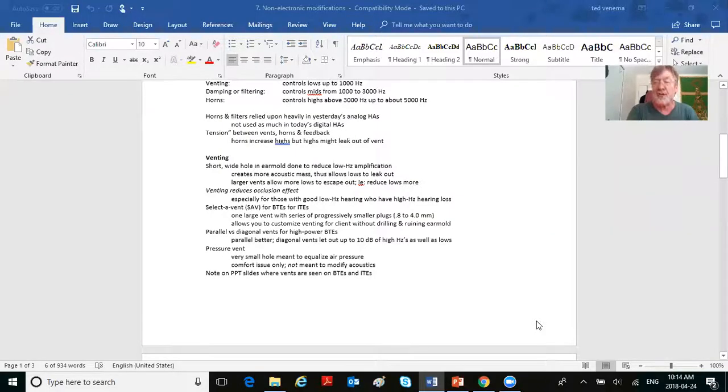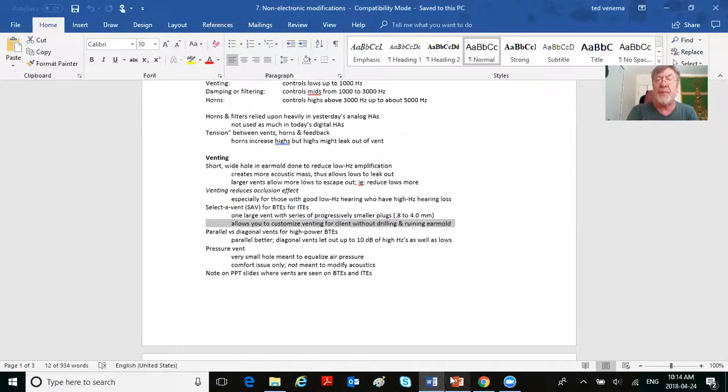You as a clinician would work with the client on this. Selective vent for BTEs or ITEs. One large vent with a series of progressively smaller plugs from 0.8 to 4 millimeters allows you to customize venting for a client without drilling and ruining the ear mold.